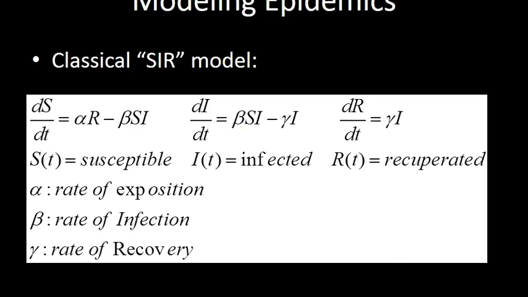But essentially, you have three state variables, or three control variables, which are the susceptible population, the infected population, and the recovered or recuperated population. Each of them has again a positive and negative dynamic.